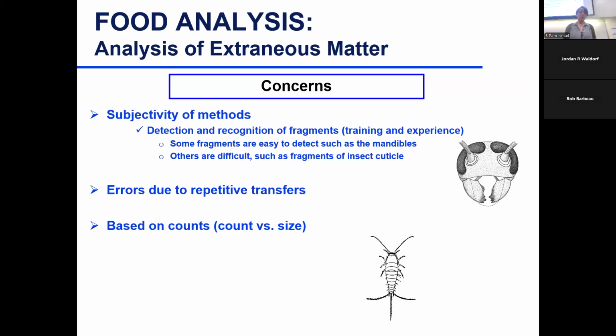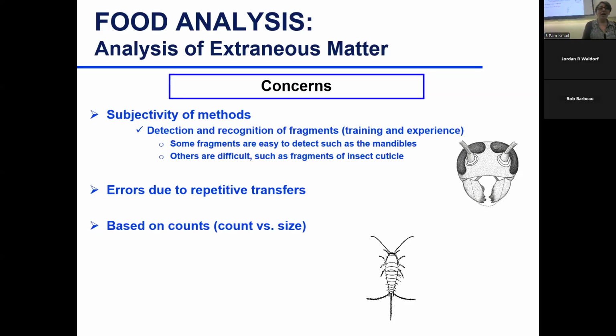And also there is subjectivity. Some people with no experience won't differentiate the insect parts. Some insect parts are very obvious, like this guy's mandible. And then some insect fractions, like cuticle from the exoskeleton, you won't know what it is.